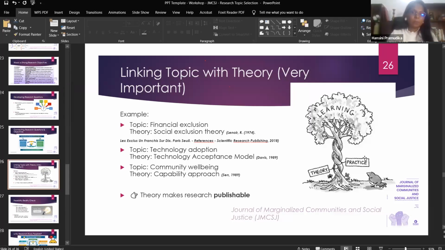Thereafter, you have to link your research topic and your determined constructs with the theories, because according to my knowledge, most of the participants here are going to do deductive research, right?